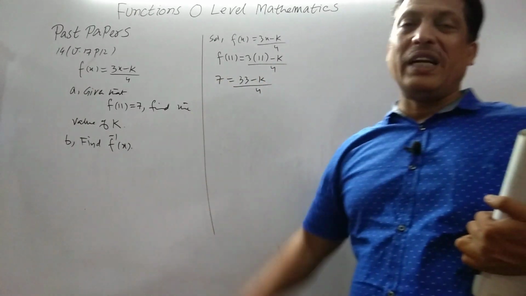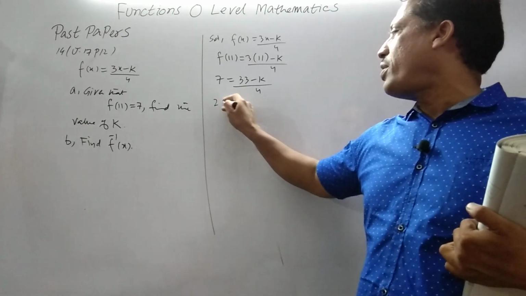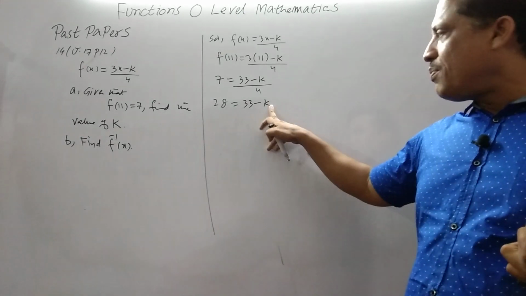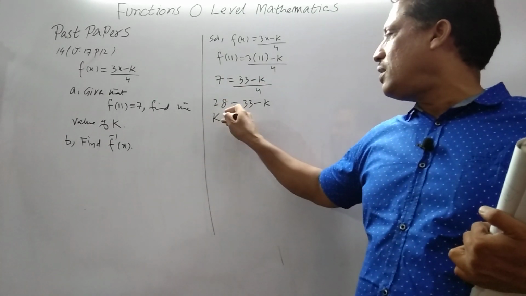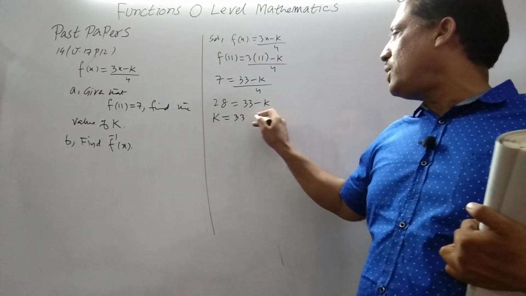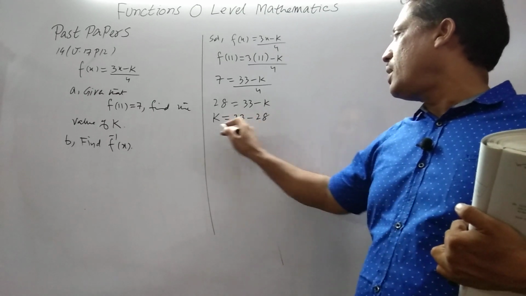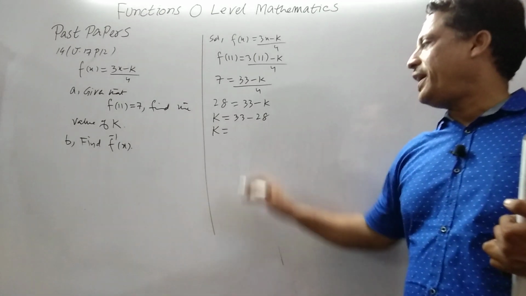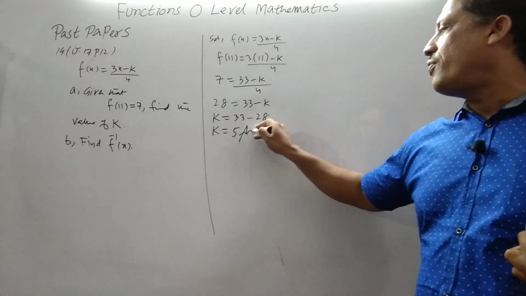This 4 should be multiplied by 7. 4 sevens are 28 is equal to 33 minus k. Move this minus k to the other side and this 28 to this side. 33 minus 28 is 5. Hence the value of k is 5.